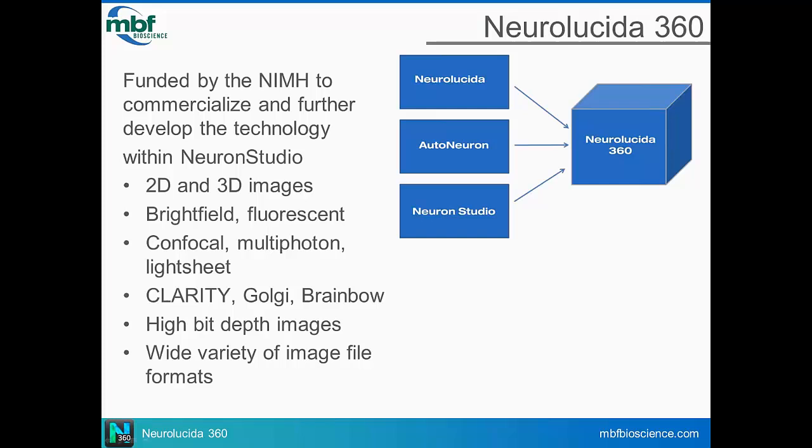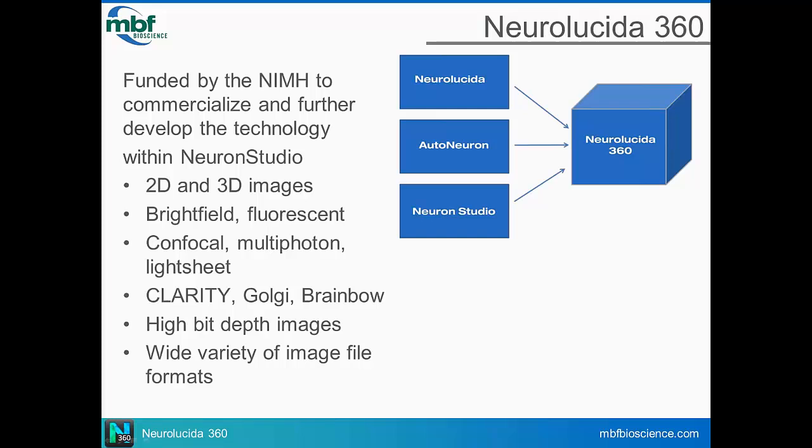The goal of this is to commercialize and further develop the technology, not just within Neuron Studio, but to improve the tools that already exist in Neurolucida: the automated reconstruction tool AutoNeuron, as well as AutoSpine, and even some of the pre-steps that are important, like image montaging, to be able to collect and create these image volumes that represent the entire structure that you're interested in quantifying, in a way that allows you to automatically reconstruct and extract the metrics you need in order to make statements about your hypotheses.